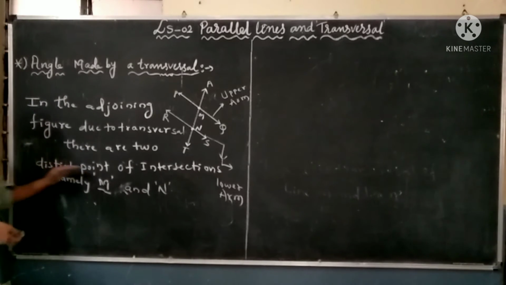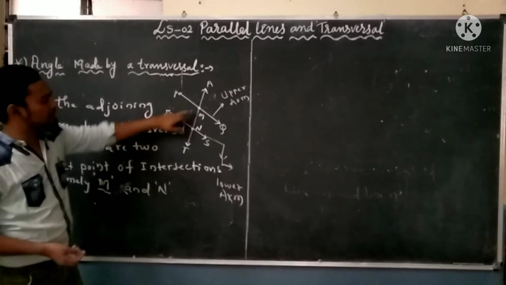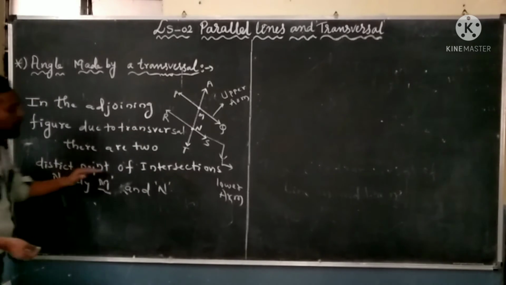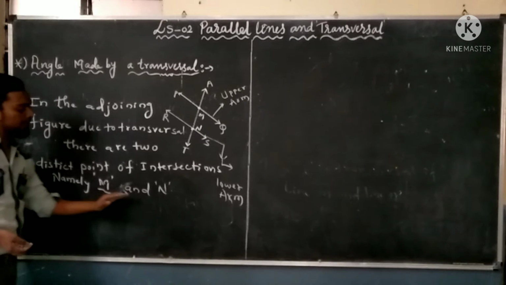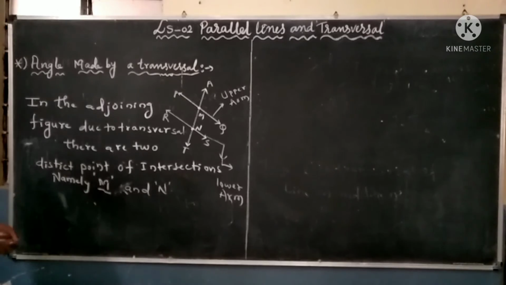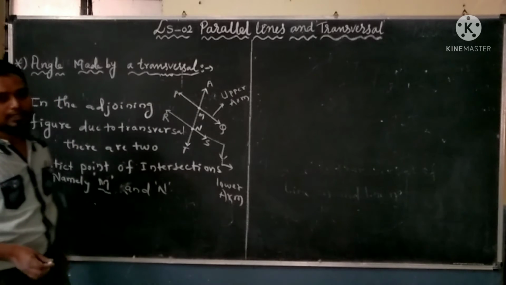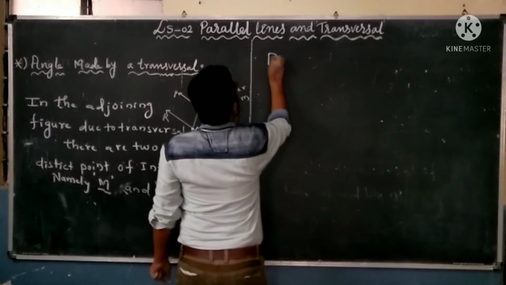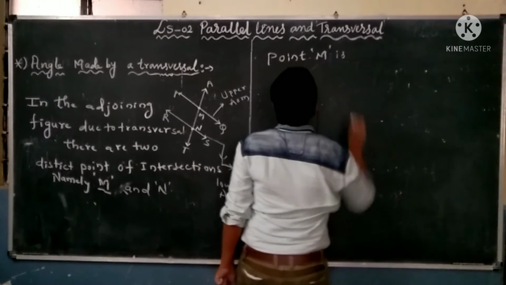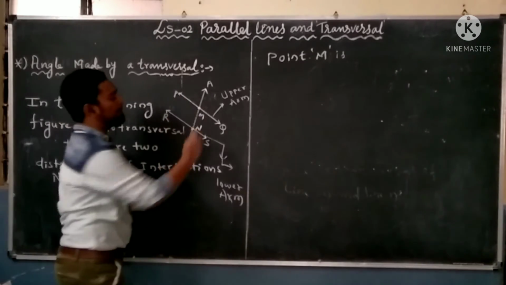Okay. There are two distinct points of intersection. PQ line and RS line are intersected at the distinct points M and N, namely point M and N. In the given figure, point M, here the upper part. Point M is formed by how many angles? There are 4 angles.